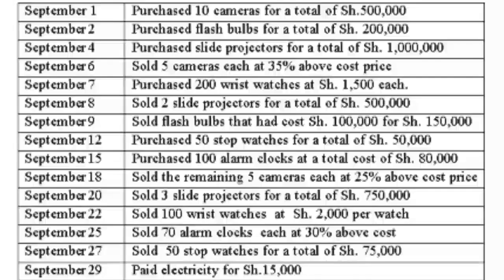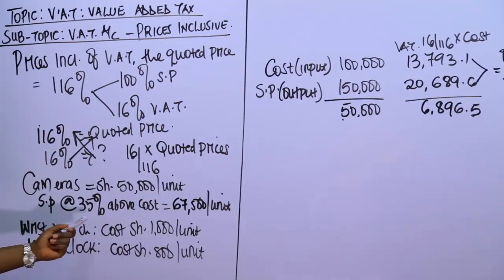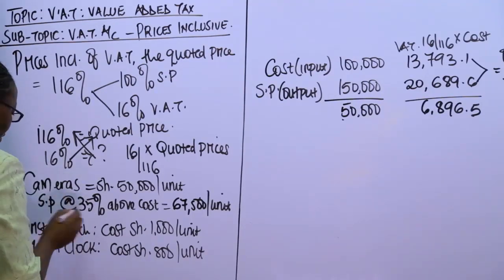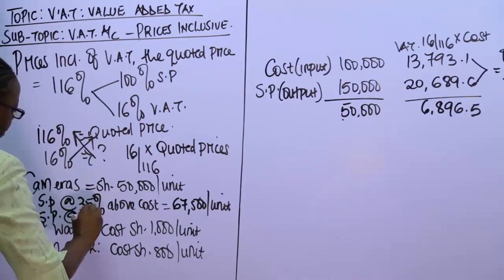We are now on 18th. Sold the remaining 5 cameras each at 25% above cost price. We had bought the cameras at 50,000. We sold the first batch, 5 of them, at 35% profit. Now the second one is at 25%.